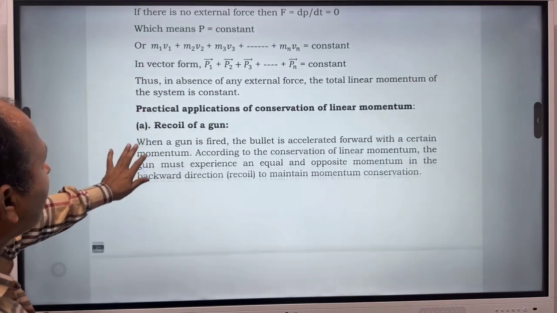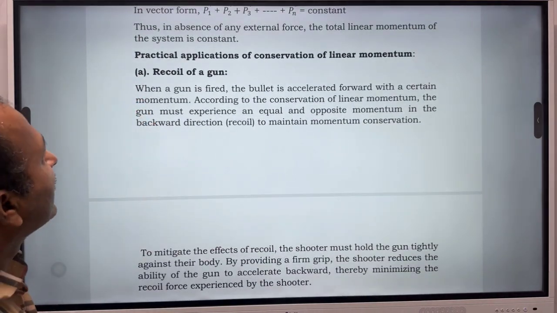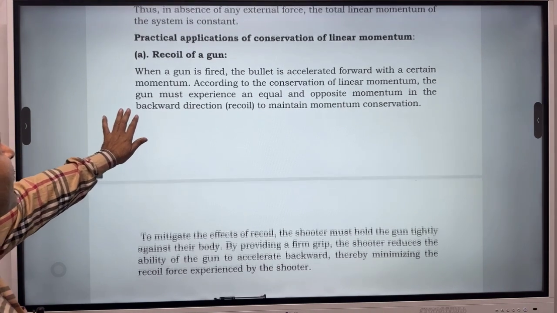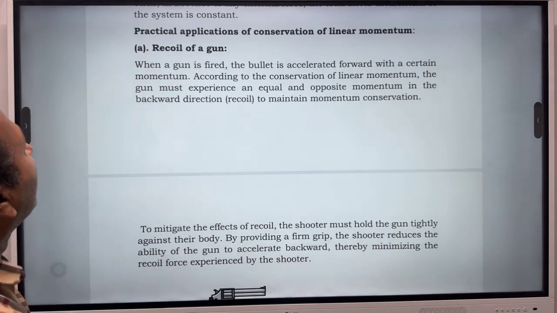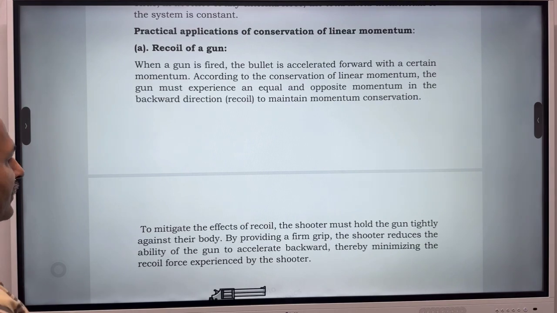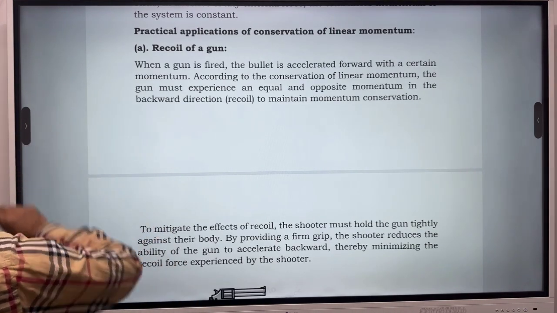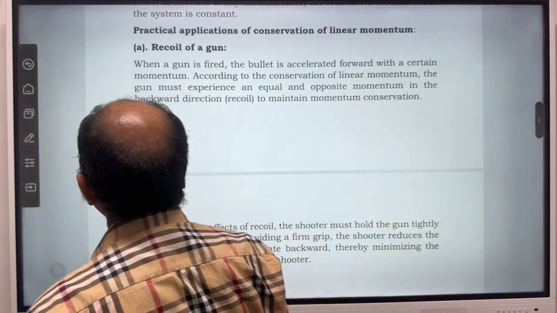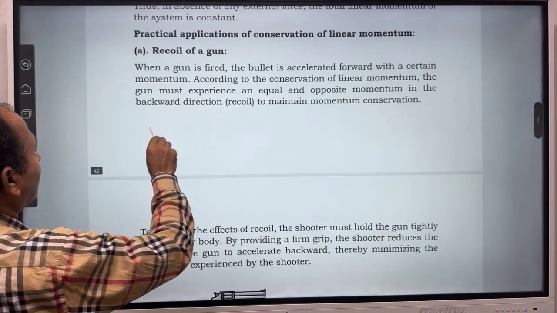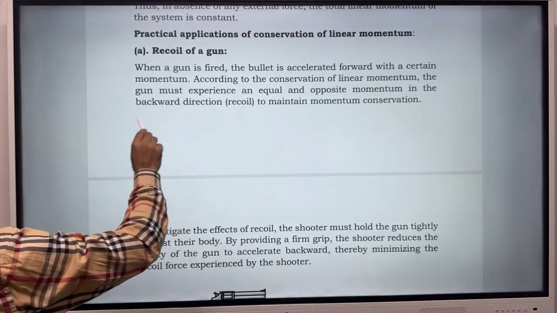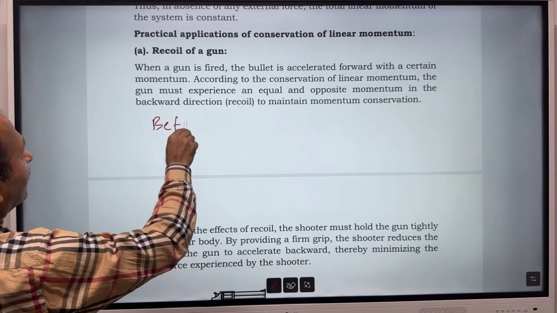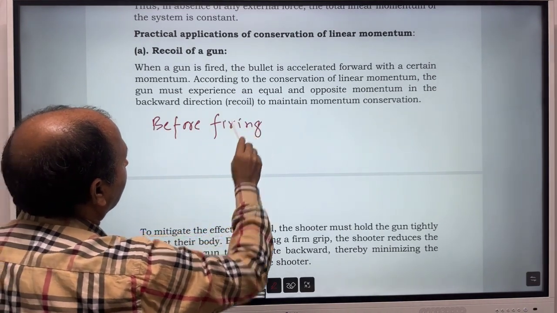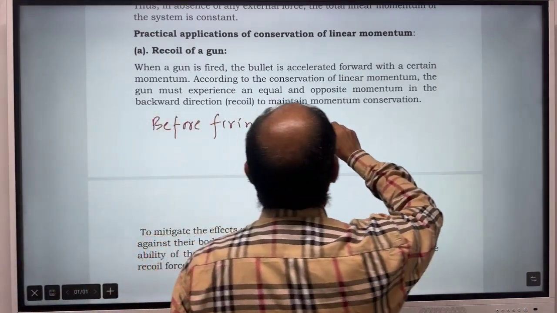Now, on the basis of knowledge so gained, we are going to see some examples and we will do some numericals, like recoil of a gun. Recoil of a gun means what? Here, before firing what is the situation and after firing what is the situation. So before firing, let's find out the momentum.